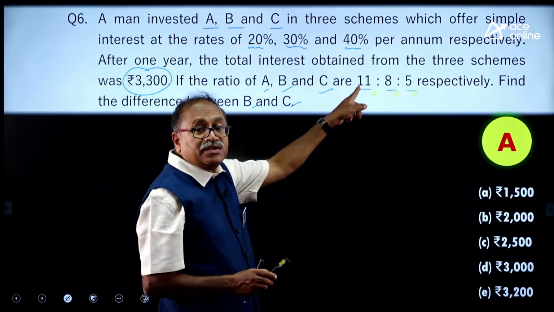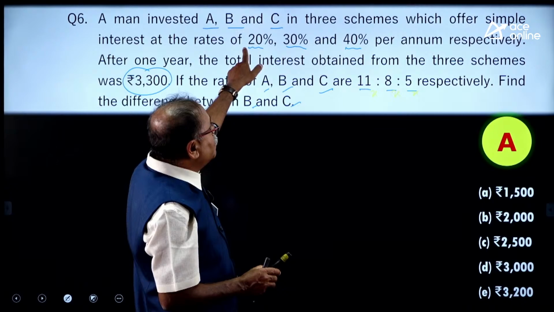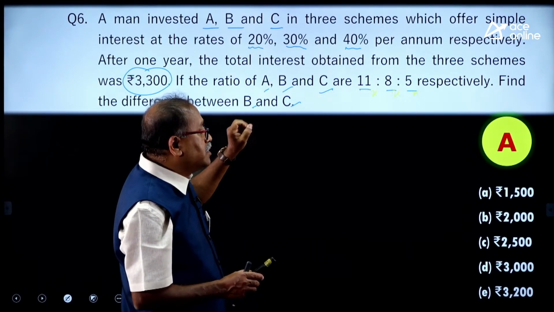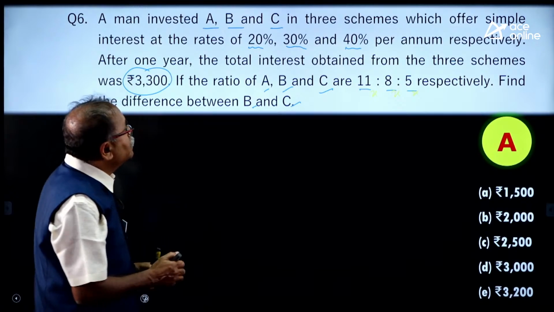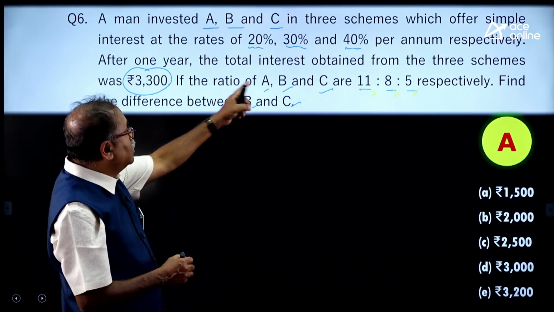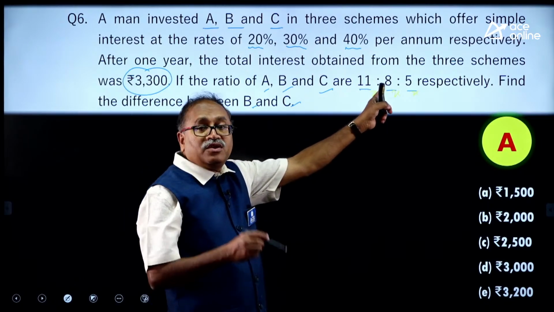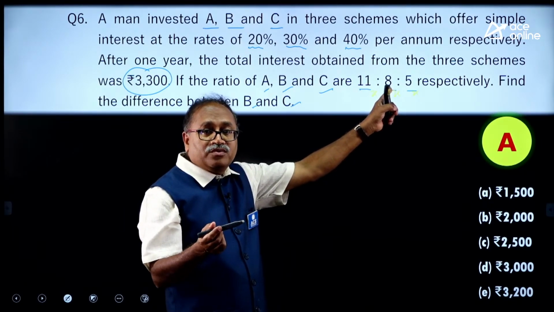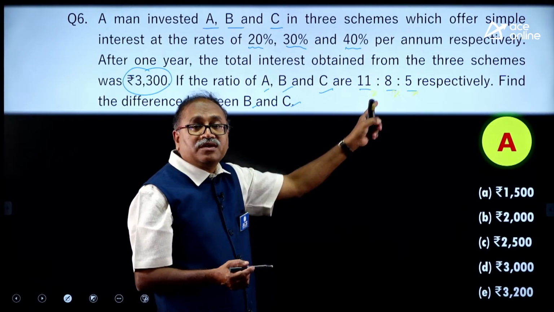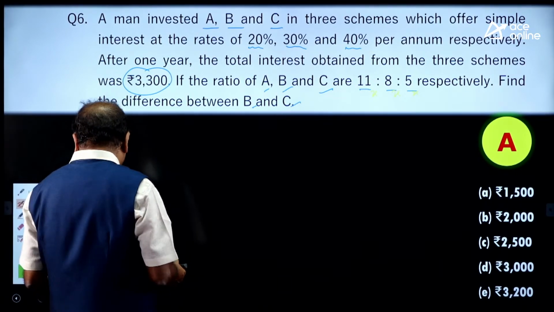If this is 11x, the interest is 0.2, 0.2 into 11, and that I get 2.2, 20%. So, 11 into 0.2, that is for 1 year, yes. So, that comes 2.2, okay.